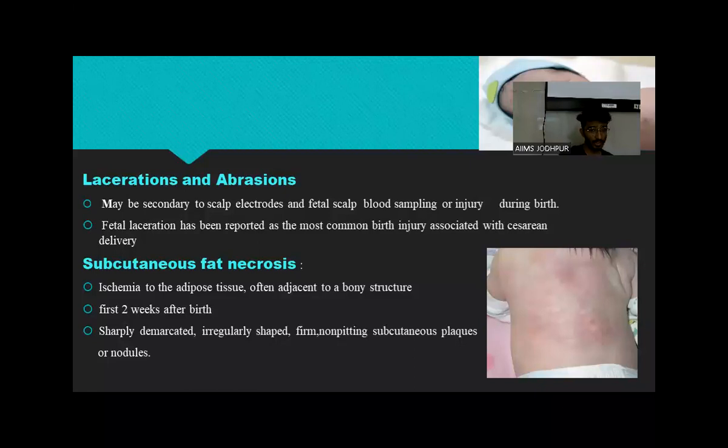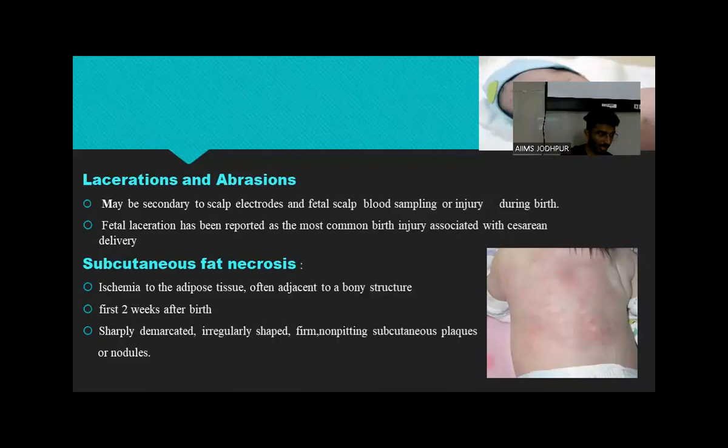Now, subcutaneous fat necrosis is an entity which occurs due to stretching during birth. There can be ischemia to the adipose tissue, which is often just adjacent to a bony structure, and it usually presents within the first 2 weeks after delivery as sharply demarcated, irregularly shaped, non-pitting subcutaneous plaques or nodules.